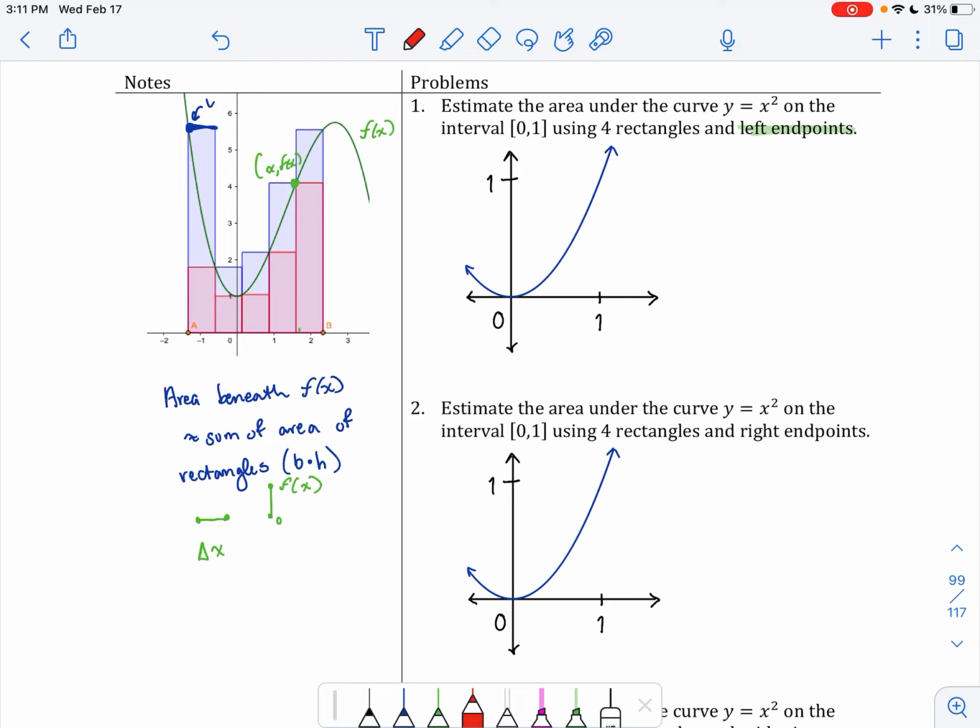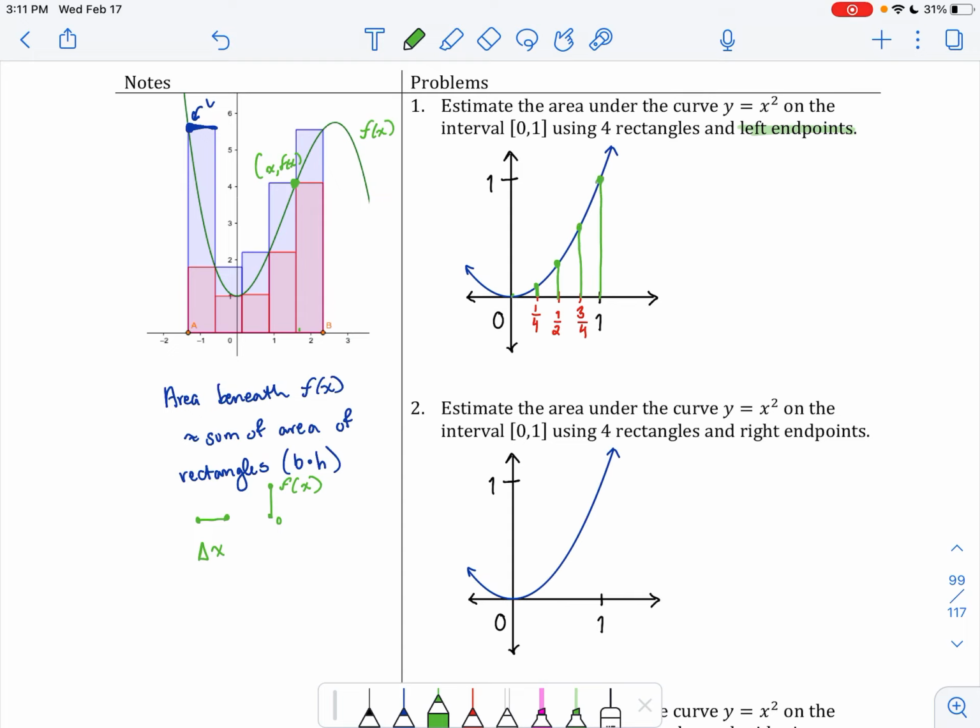So in this case, do it as best you can. We've got 1/4, 1/2, 3/4. And these are our 4 rectangle bases. And then the height of each one is determined, as I said, by the value on the function.